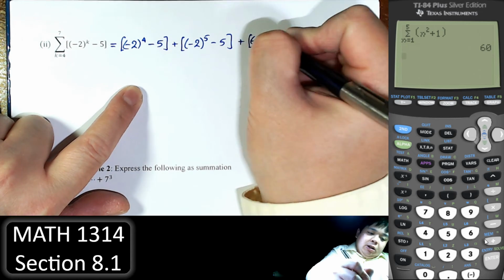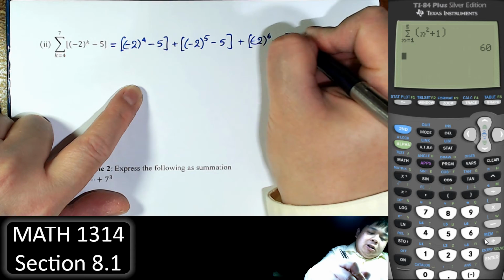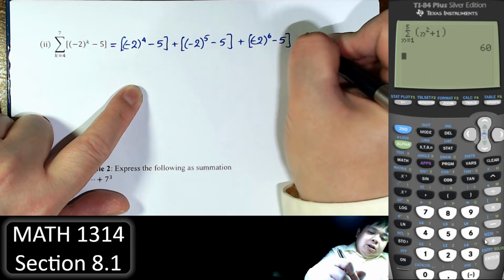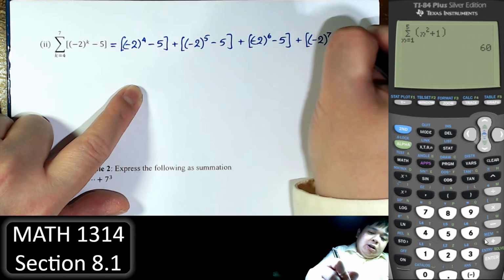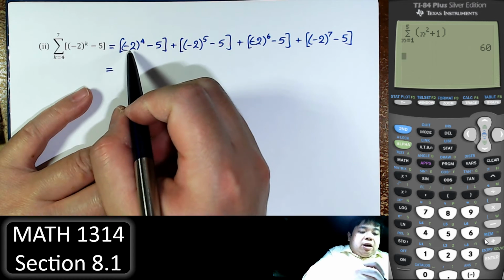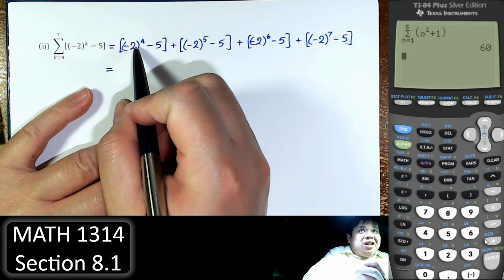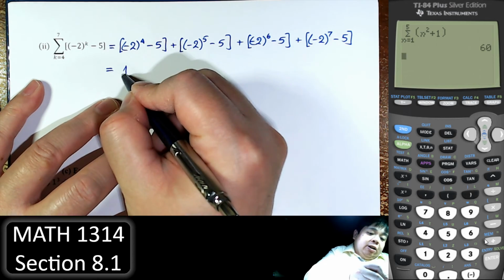Increase that k by 1. Increase that k by 1. Right, so that negative 2 to the 4th power, 16 minus 5, 11.